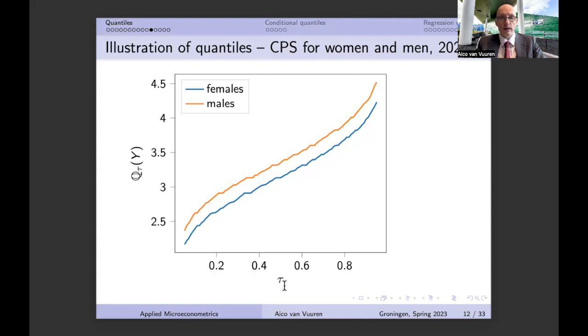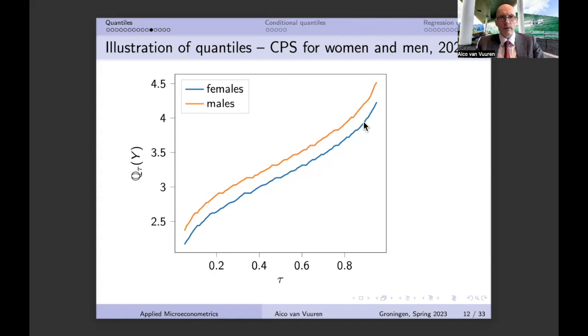At the median, it is lower than the third quartile, and the median is of course larger than the first quartile. So these things should always be upward sloping. Another way of saying this is that we already know that quantiles are inverse distribution functions. Distribution functions are upward sloping, so the quantile functions should also be upward sloping.